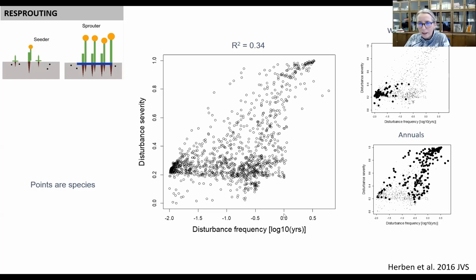So somewhere here is disturbance once per year, like traditional meadows. Those are forests. So you can see here a distribution of woody species in this space of disturbance frequency and severity. And here you can see annual plants.